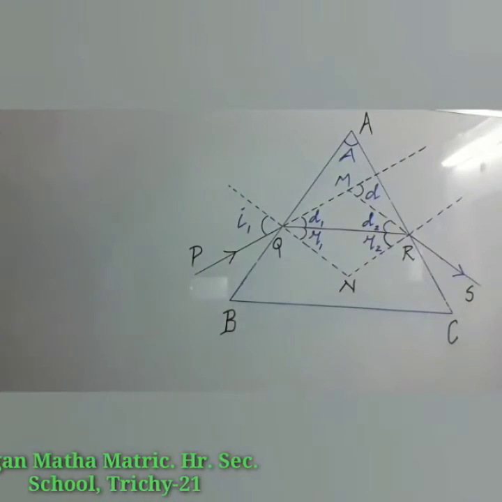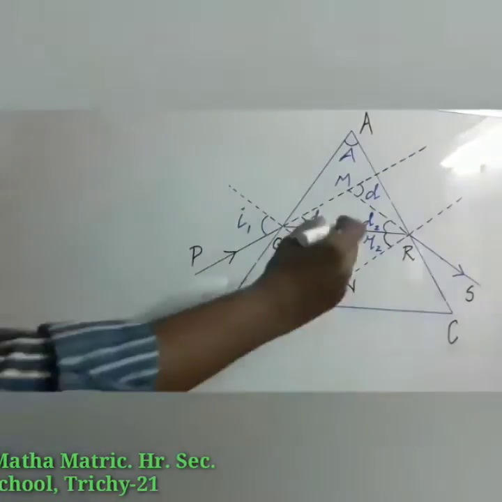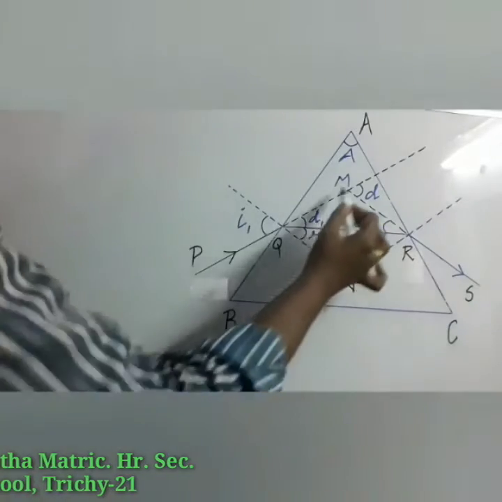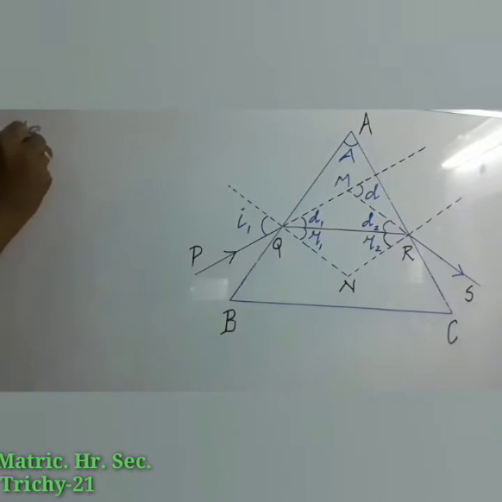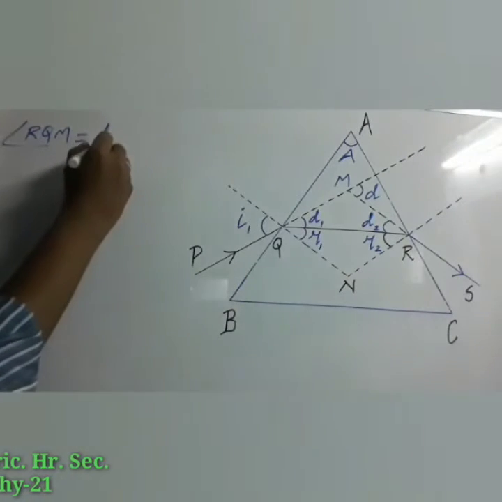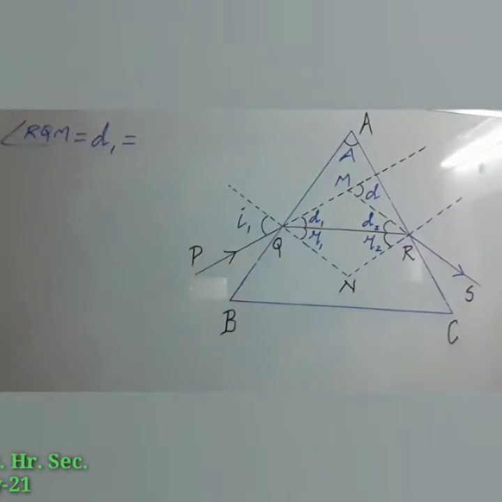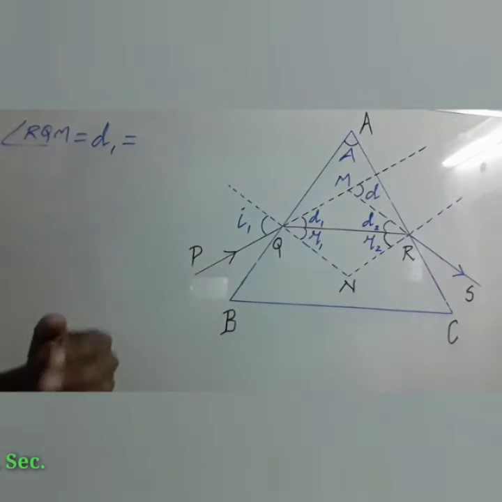The angle of deviation D1 at the surface AB is given by angle RQM. So angle RQM is equal to the angle of deviation D1. With respect to the angle of incidence and angle of refraction, how can we write?